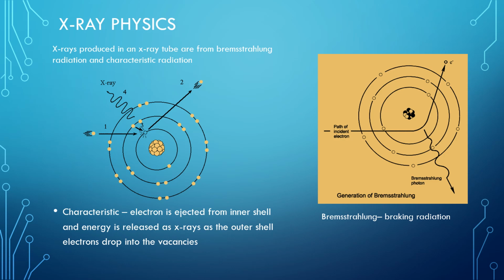Now recall with CT physics, we have characteristic X-rays and Bremsstrahlung. Bremsstrahlung is that braking radiation, and for the characteristic X-ray, an electron is ejected from an inner shell. The energy is released as X-rays as the outer shell electrons drop into the vacancy.